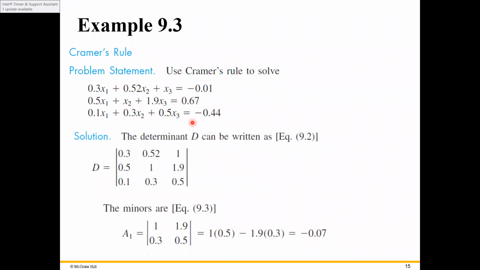And similarly, instead of minus 0.44, I can take minus 0.4. So I perform only slight changes in this system, and by the slight changes we can see a drastic change in the solution as well. That type of system is called an ill-conditioned system.